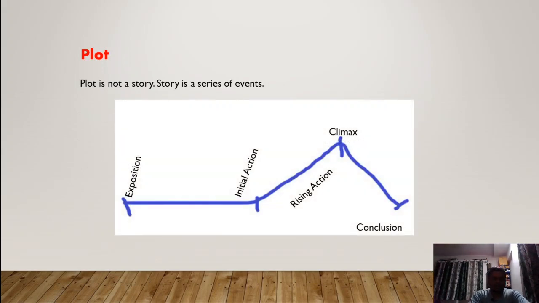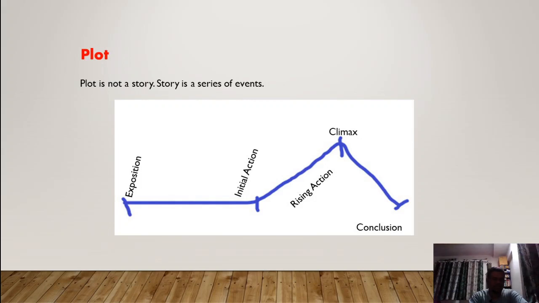When we talk about plot, we must consider one of the very famous plot structures given by Freytag. If you watch any cinema, read any novel, or read any short story, you would find a kind of structure in that. Any story begins with exposition, that is, introduction.